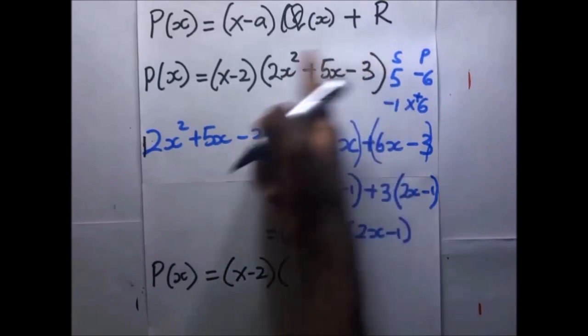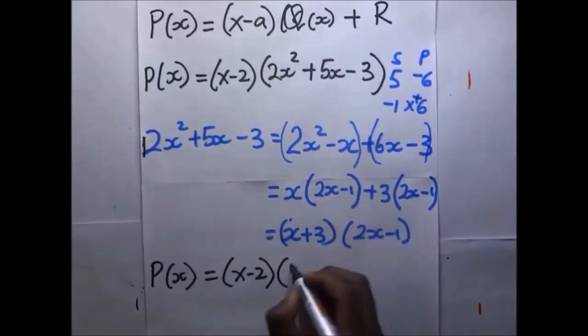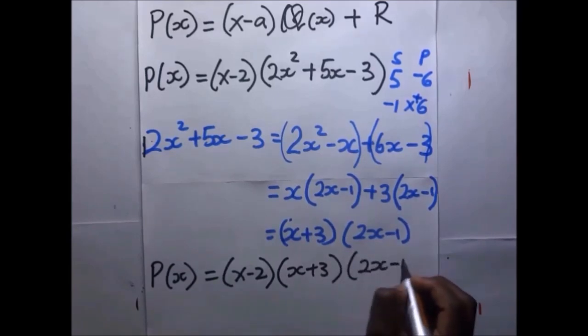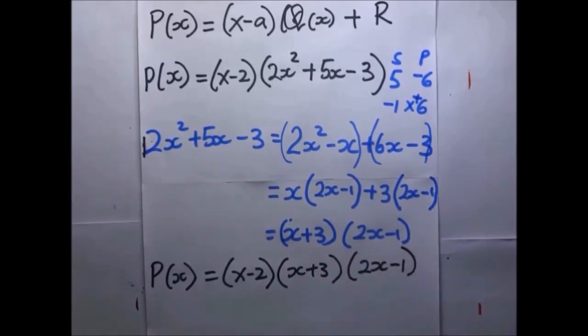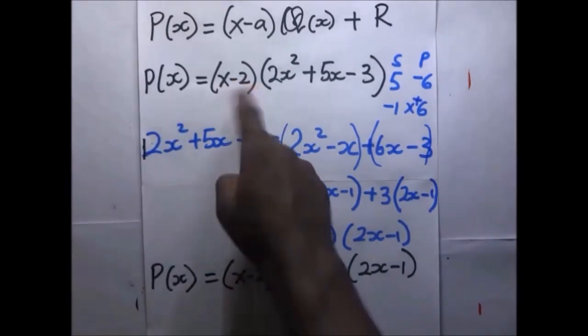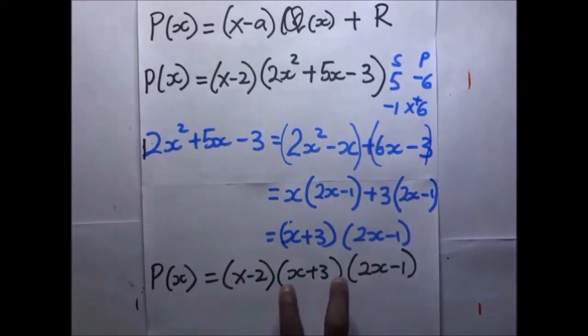Multiply that by this, which has now become x plus 3 into 2x minus 1, like that. So now our question was requiring us to find the other factors of this polynomial. One of those factors was already given to us, it was x minus 2. So it means the other factors are x plus 3 and 2x minus 1. And that's the answer.